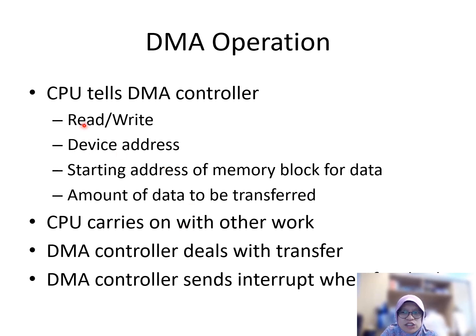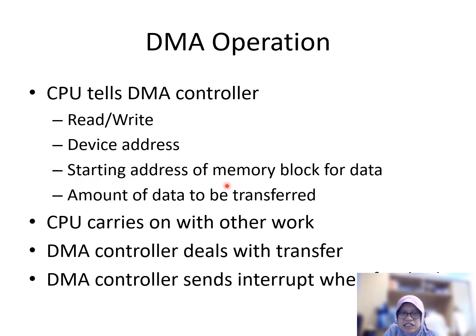When the processor wishes to read or write a block of data, it would issue a command to the DMA module by sending the following information. First, whether to read or write is requested using the read or write control line between the processor and the DMA module. The second is the address of the device involved, communicated on the data lines.